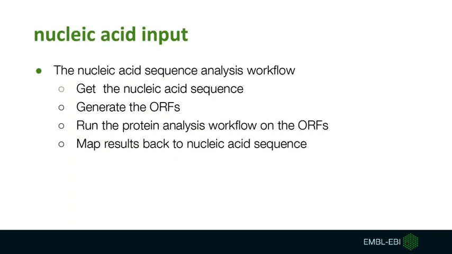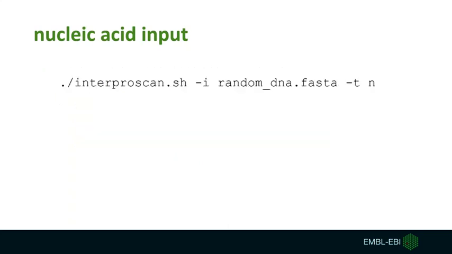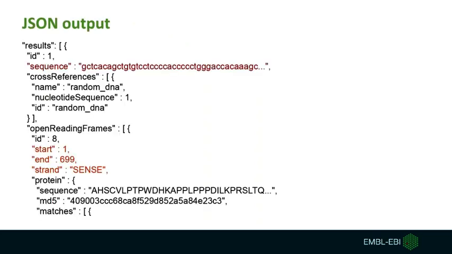In the end, we have to map those results back to your original nucleotide sequence. One thing that you would have to do is identify the type of the input as nucleotide, so -t n gives that information. By default, if you don't provide the type, InterProScan will assume you are using protein sequences.